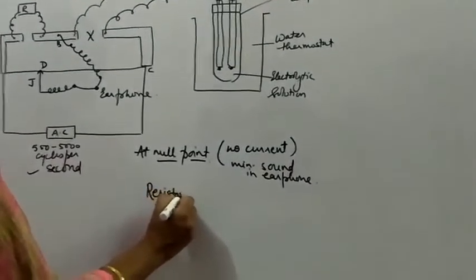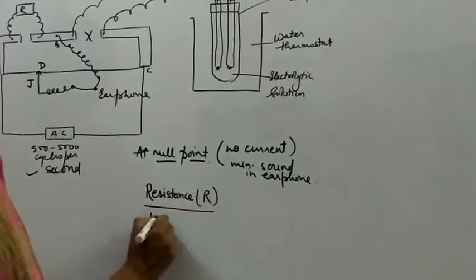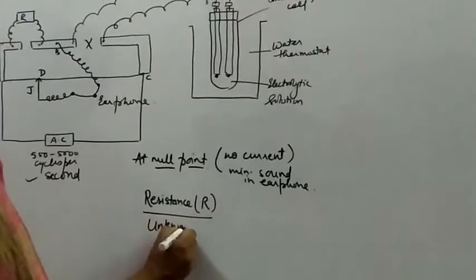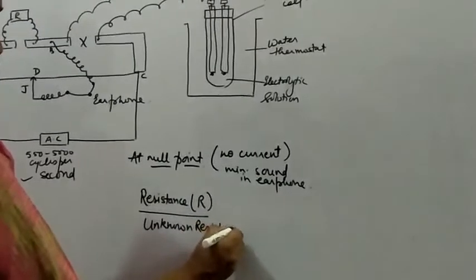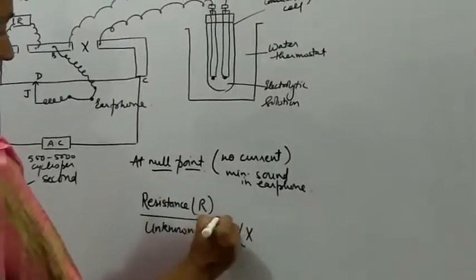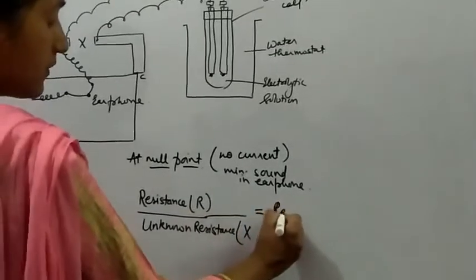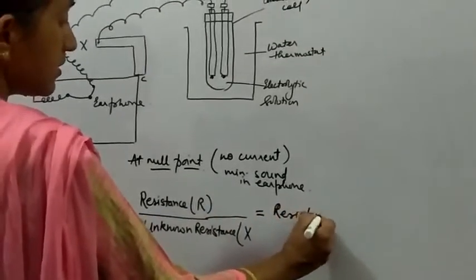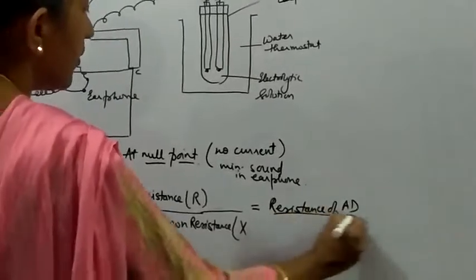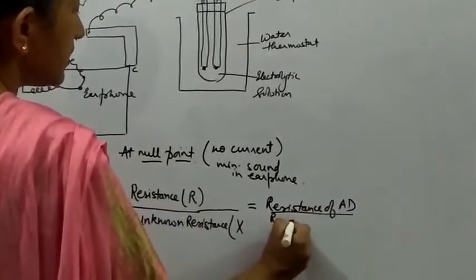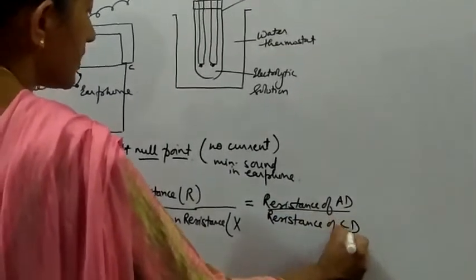So at that time, the resistance R upon the unknown resistance, this is X here, will be equal to the resistance of arm AD upon the resistance of CD.